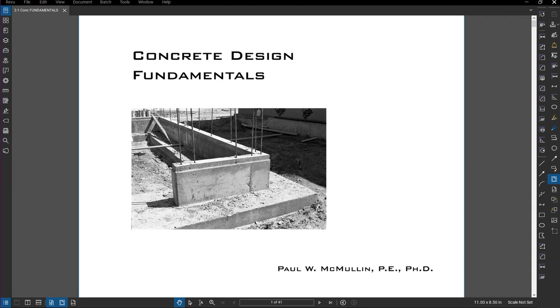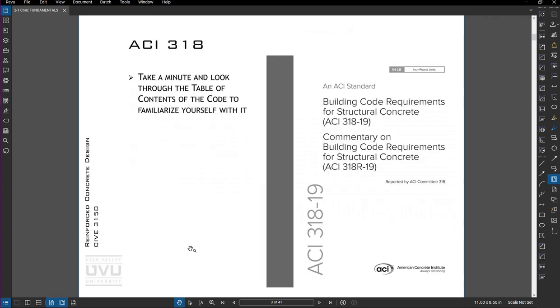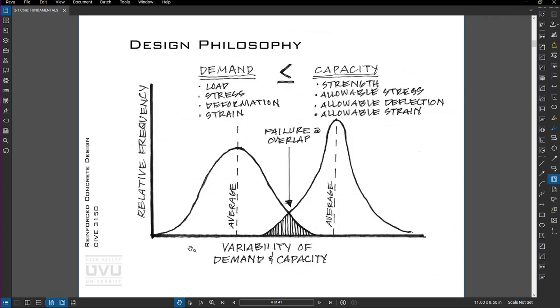So first off, one of the fundamental principles of engineering design is we have capacity and demand. Demand being loads or stress, deformation, strain, whatever demands are put onto our structure. And then capacity, we might measure that in strength and stress, deflection, or allowable strain.